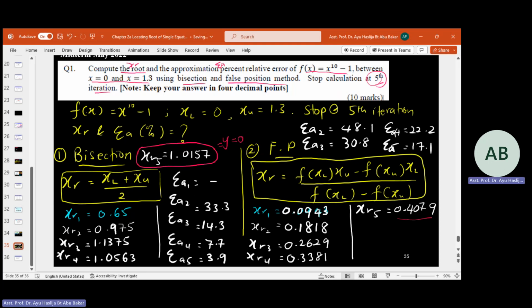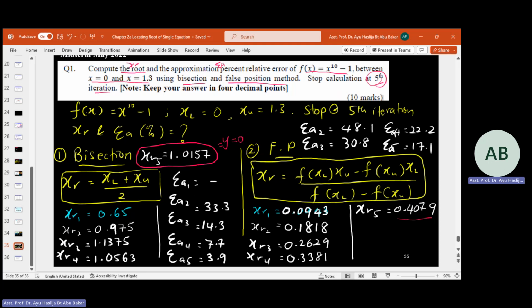Okay, so I give 2 more minutes for the rest to finish. Let me know if you cannot get the answer.